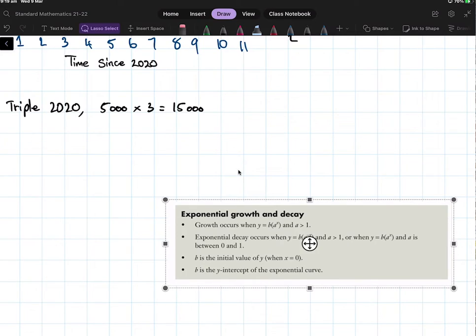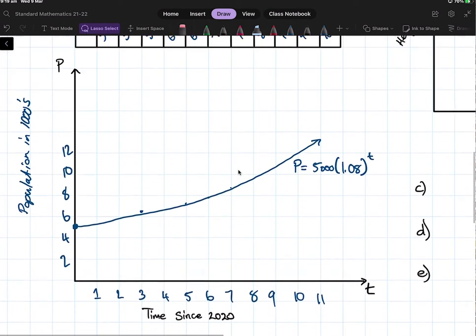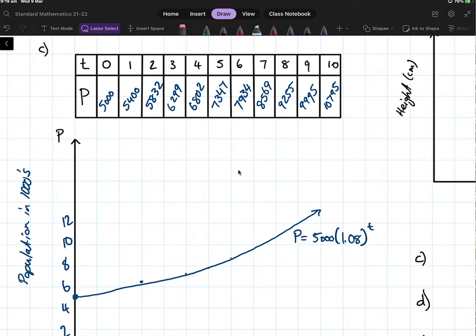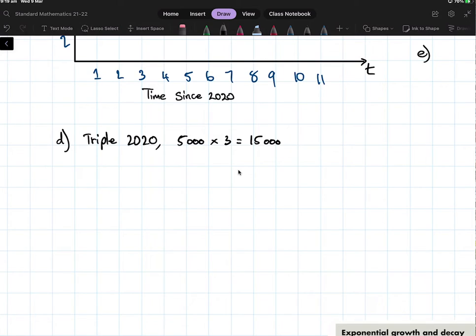So I'm going to use my graph and our table of values to start off, and I'm picking a number that's way bigger than 10. I'm probably going to go for something like 13 to start off with. When it comes to guess and check, we want to see working out. So we want to see our guess, we want to see our result. Guess and check is a valid method, but you need to show multiple guesses and results to actually use it as a valid method.